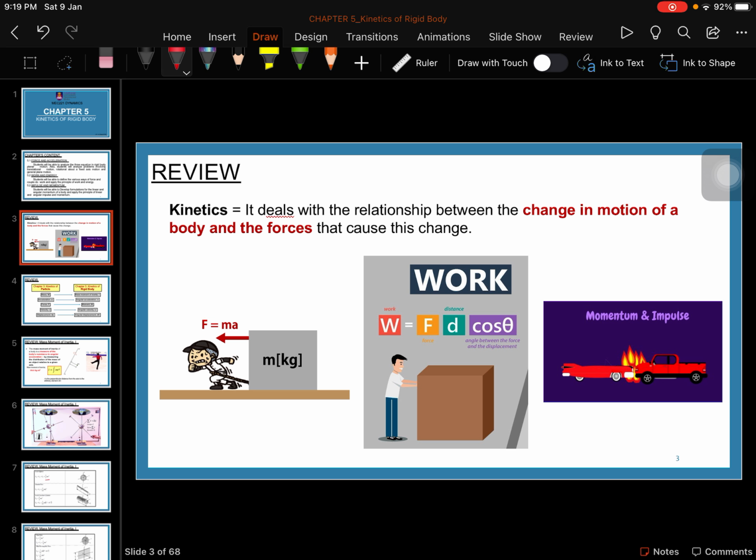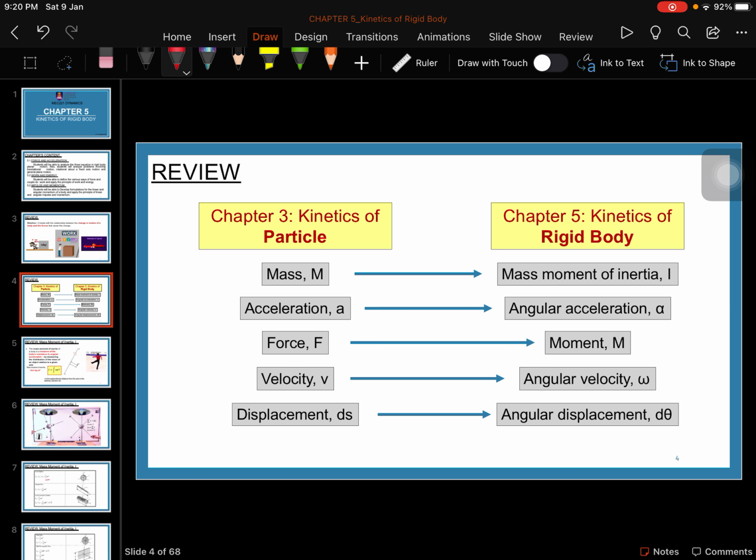Let's review what is kinetics. Kinetics deals with the relationship between the change in motion of a body and the forces that cause this change. Remember, we have learned this in chapter 3. In chapter 3, we learned kinetics of particle, and in chapter 5, we will learn kinetics of rigid body.